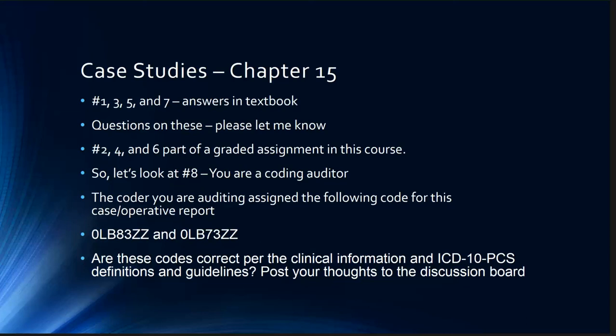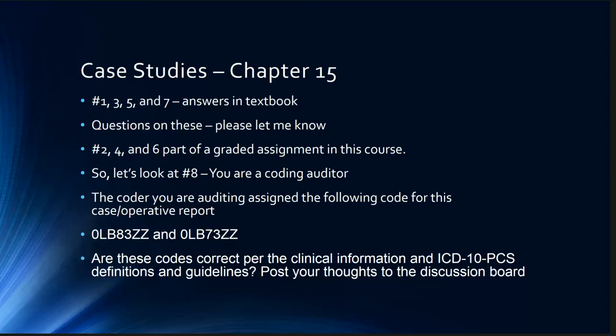So you're given this operative report and you're given these two codes: 0LB83ZZ and 0LB73ZZ. And your job is basically to verify if you feel those codes are correct. And typically an auditor may or may not say what the correct codes would be.